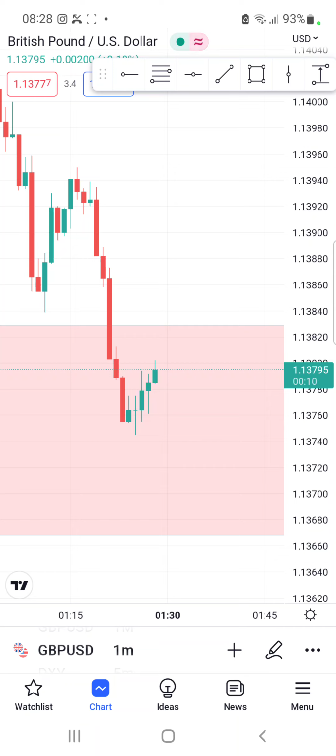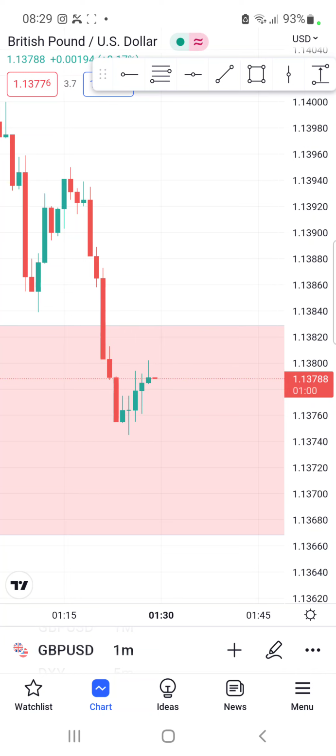If this is what happens in the 1 minute time frame, that is what happens in the 15 minutes, 30 minutes, 1 hour, all the way to daily. So what does that mean? If a day is going to be a bullish day, then we expect the lowest point of the day to be formed first before price pushes to the upside.